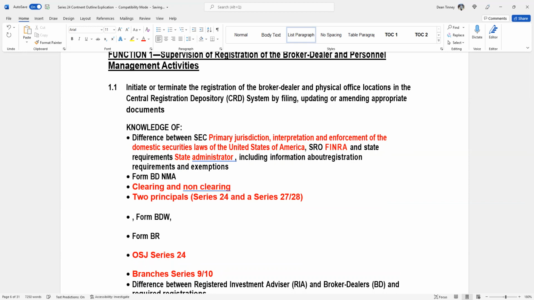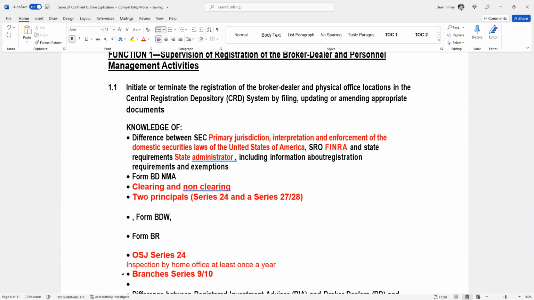Let's put that inspection by home office at least once a year. And if it's just a plain old retail branch, that's going to be at least every 3 years, somebody needs to supervise that. And that can be the OSJ that does that, doesn't have to be the home office.